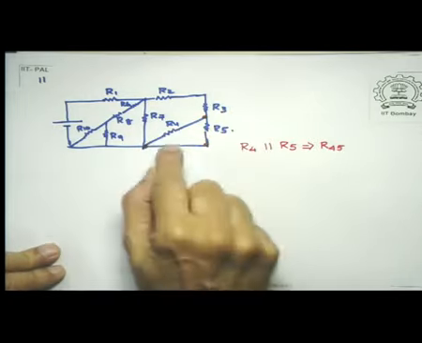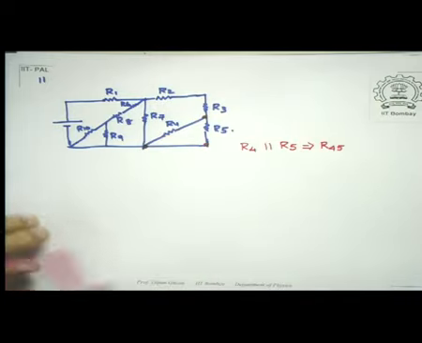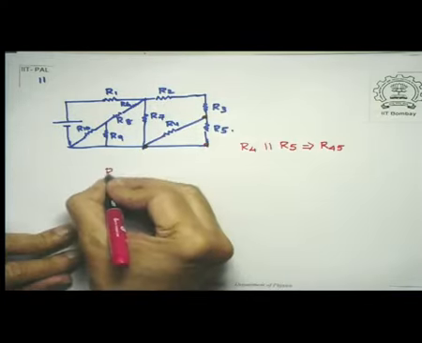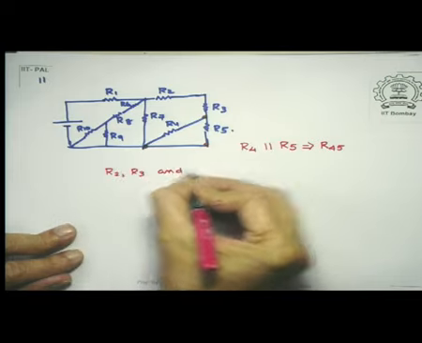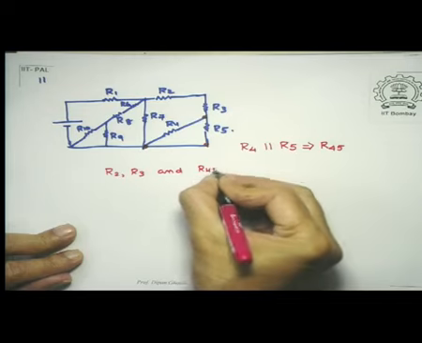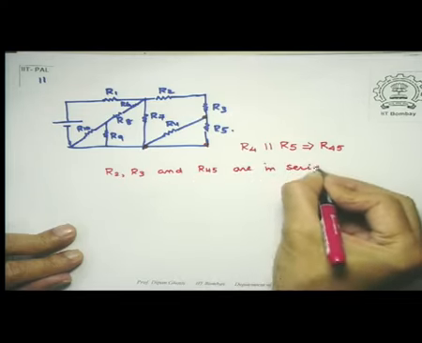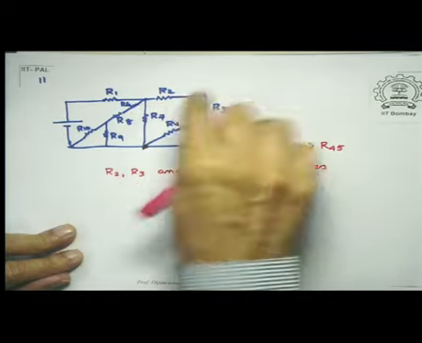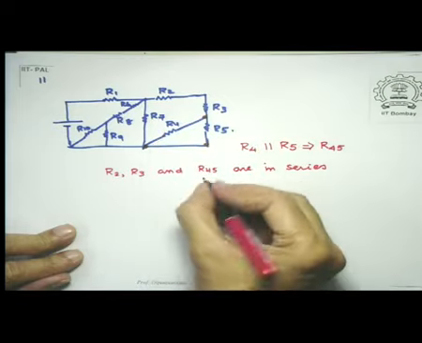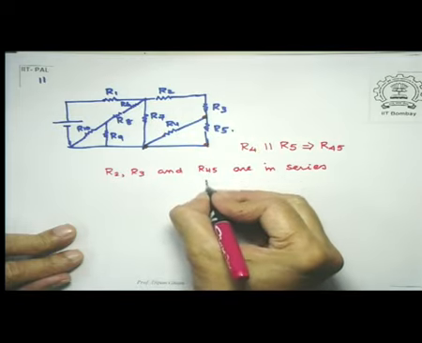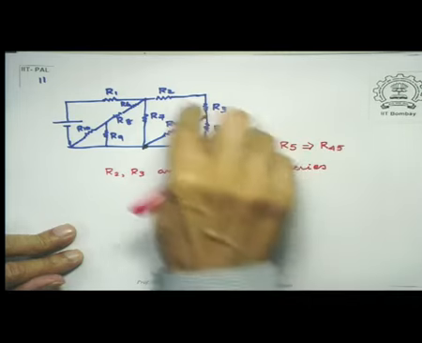Now, the moment I have removed this section and put a R45 there, I notice R2, R3 and R45 are in series. So R2, R3 and R4, 5 are in series. So this section now, this and R4, 5 here. So R equivalent will be R, well this was already 4, 5 and I add 2, 3.